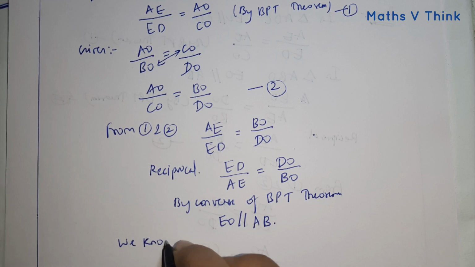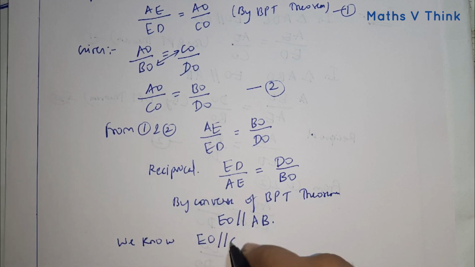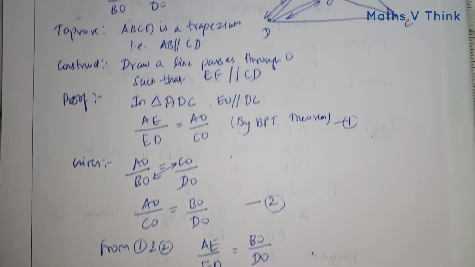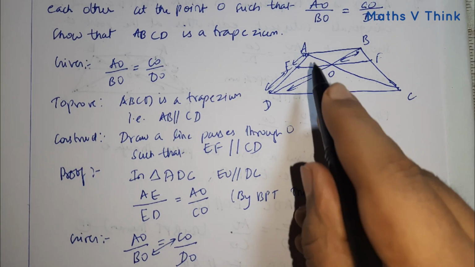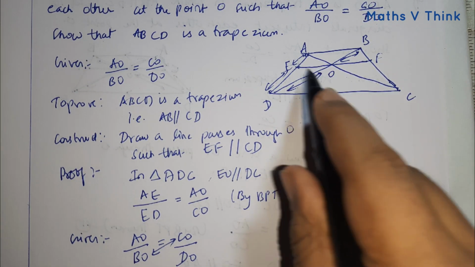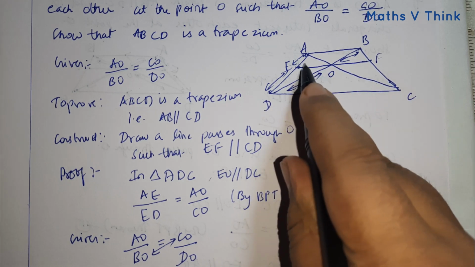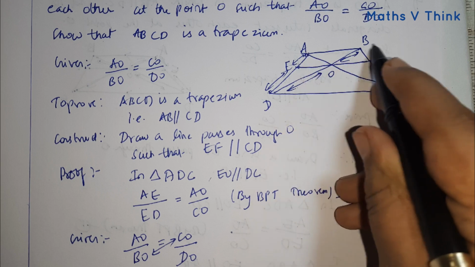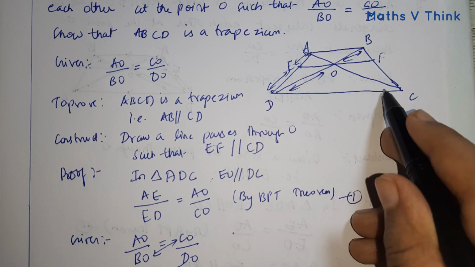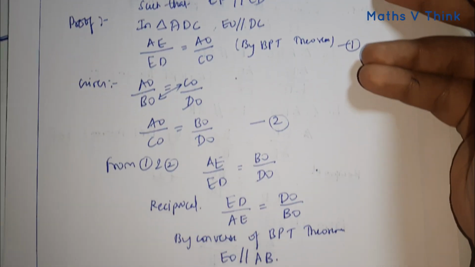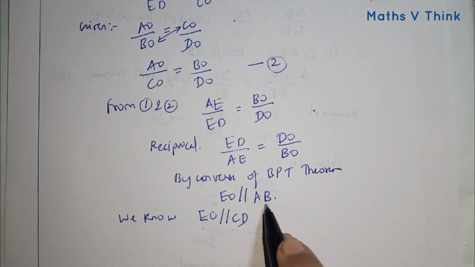We know EO is parallel to CD. I know that EO is parallel to CD because we have constructed a line such that it is parallel to CD. And I also proved that this is parallel to this. Obviously, AB will be parallel to CD. EO is parallel to AB.